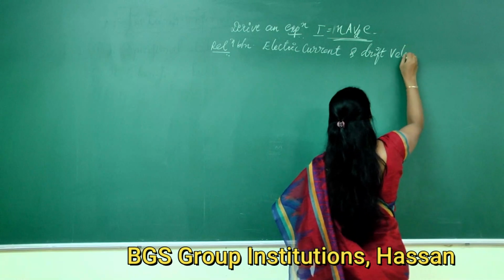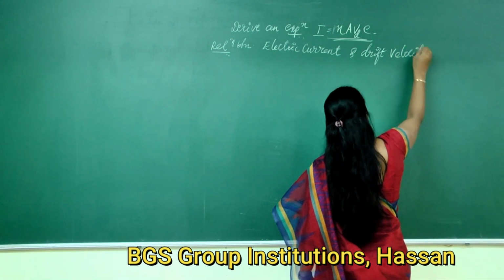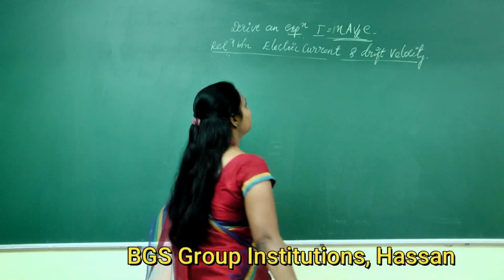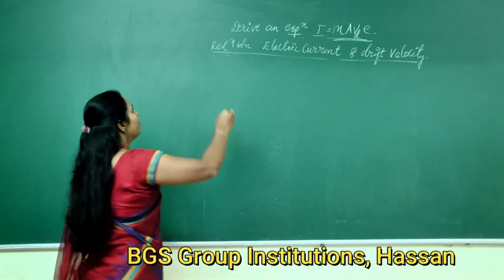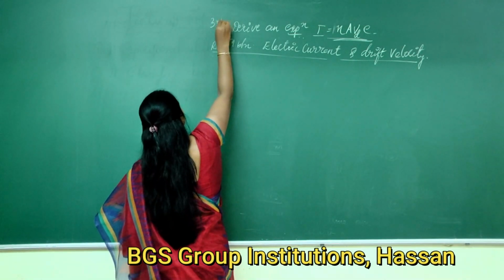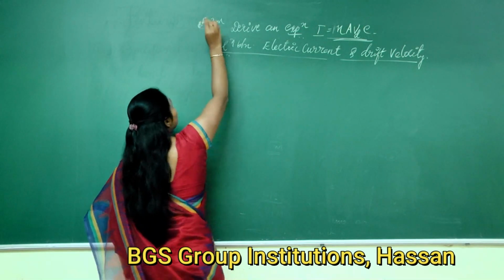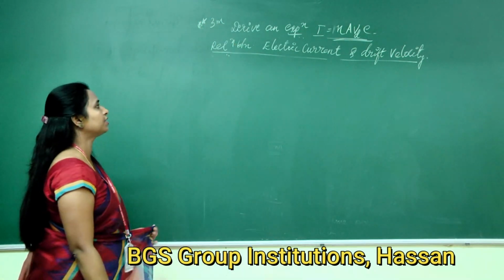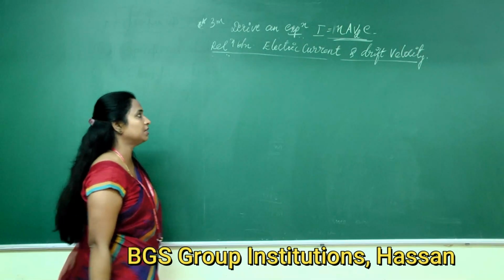Electric current and drift velocity is an important derivation for 3 marks. For 3 marks, they will ask you to derive the expression.